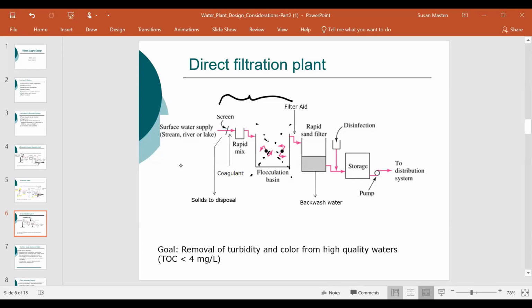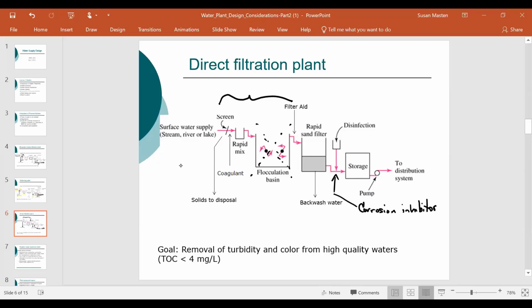And again, we're going to have the same thing. We will have a corrosion inhibitor. And we typically will have fluoride addition. And then in terms of disinfectants, we'll talk much more about that later in the semester.